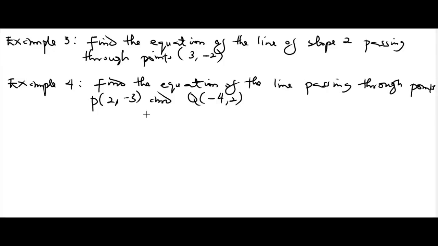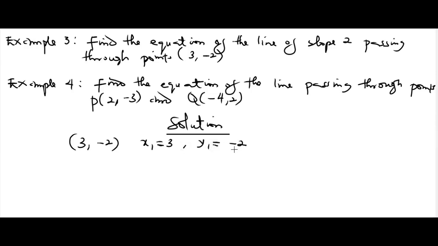So let's attend to example 3. Find the equation of the line of slope 2 passing through point 3, minus 2. So we have the solution. Now we're given this coordinate 3, minus 2, and that signifies our x1 to be 3 and our y1 to be minus 2.